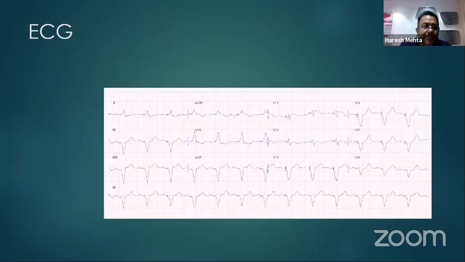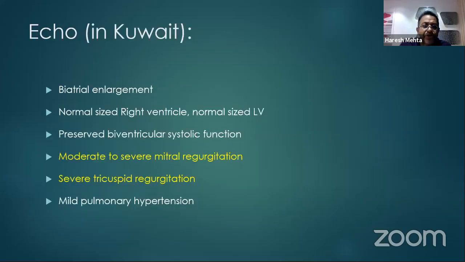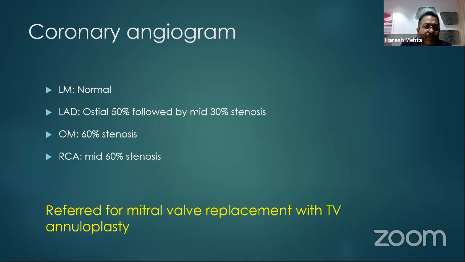And this was her ECG, which was the base rhythm. Echo in Kuwait showed biatrial enlargement, normal sized right ventricle, normal sized LV, preserved biventricular systolic function, moderate to severe mitral regurgitation, severe tricuspid regurgitation, mild pulmonary hypertension. Angiogram showed the following features, nothing major.